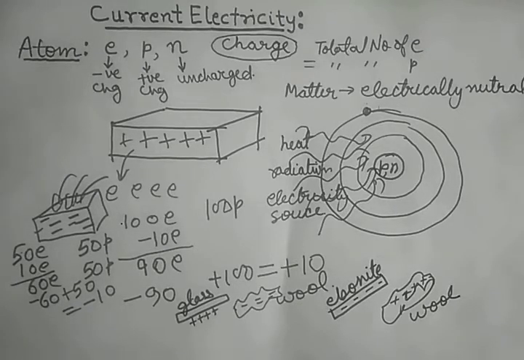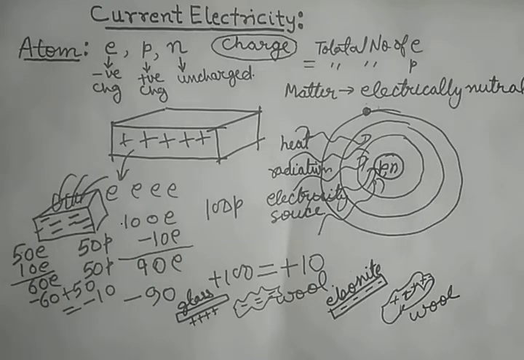So there can be several combinations of that. So this is all about charge, but what is the conclusion in that? The conclusion is electron only transfers, either a body is getting positively charged or negatively charged.